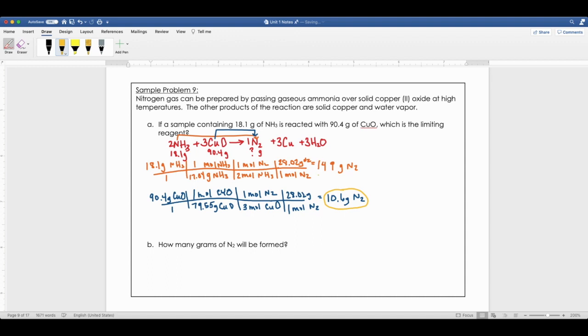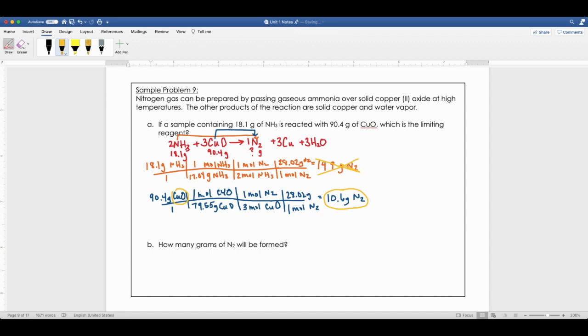I like to put an X over the one that I'm not making. So this one right here would be, can't make that. That's way too much. My limiting reagent, therefore, would be the one that produces less of that final product. So my limiting reagent is copper 2 oxide. And that's what the question is asking. It says, which is the limiting reagent?